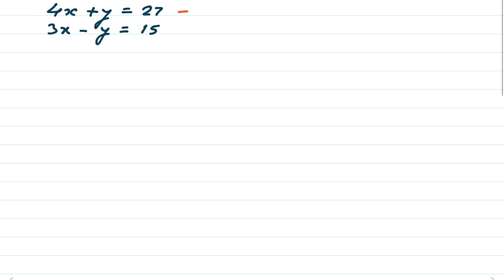Observe the first equation and the second equation. The coefficient of y in the first equation is positive 1, and the coefficient of y in the second equation is negative 1. So straight away here I can carry out addition, and so I get the y cancelled.